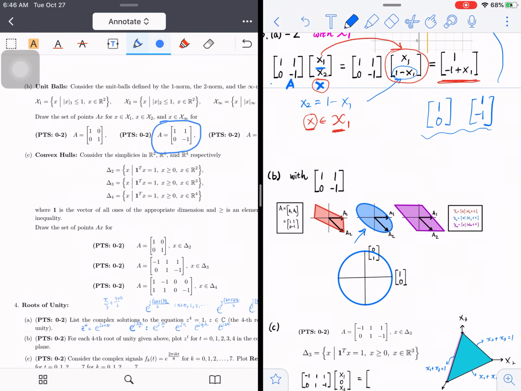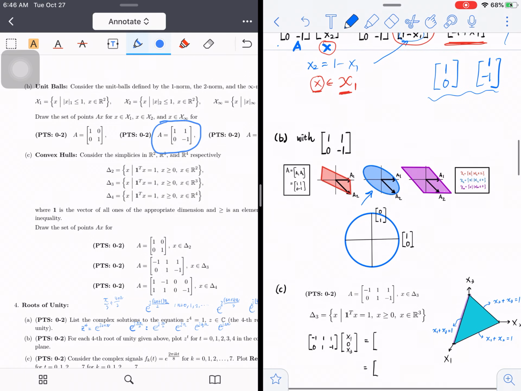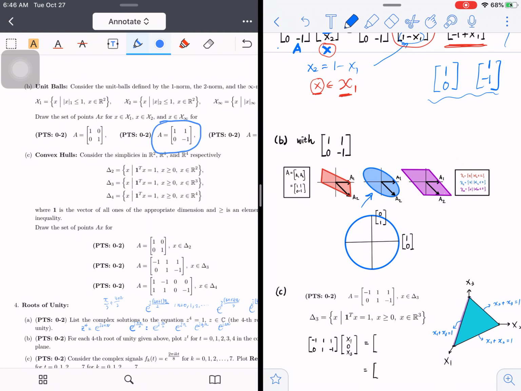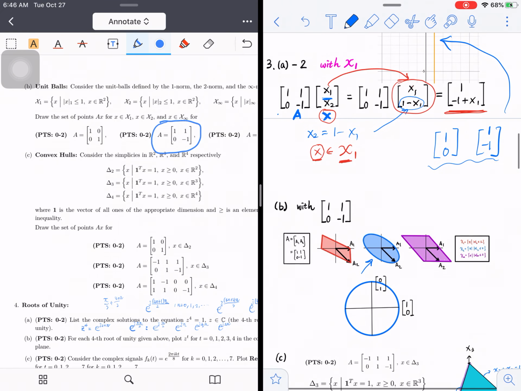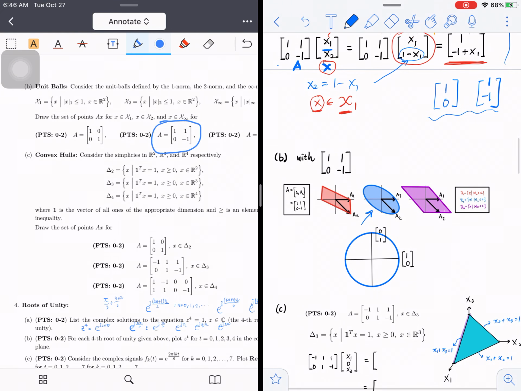But for B, we utilize a different trick. What trick do we utilize? In B, because this is not a line, how to plot? We focus on the axes. The trick is axes. Do you see these axes? These are called the axes for an ellipsoid or for a circle or for a parallel rectangular.